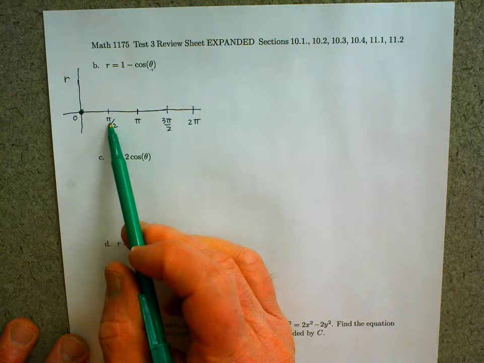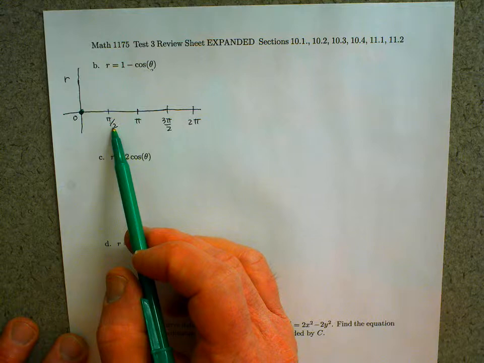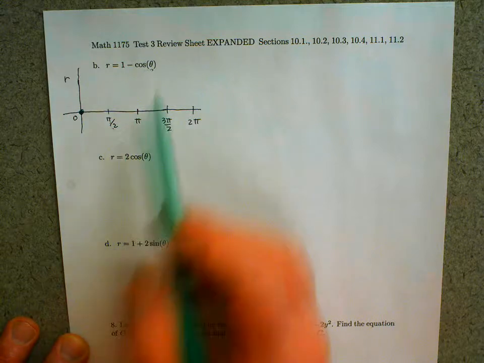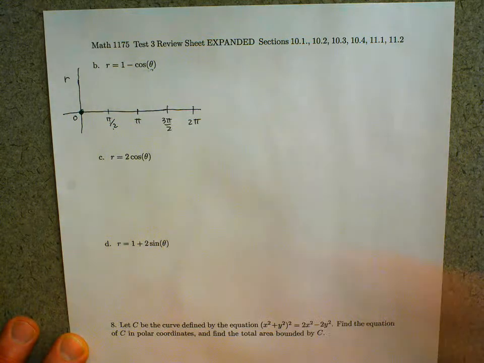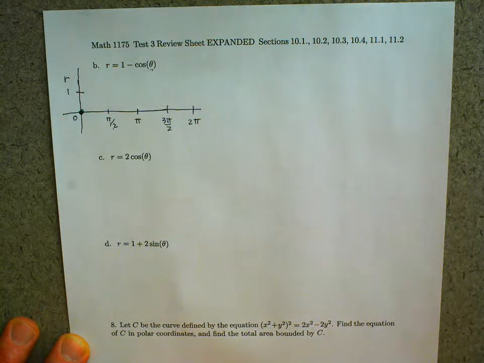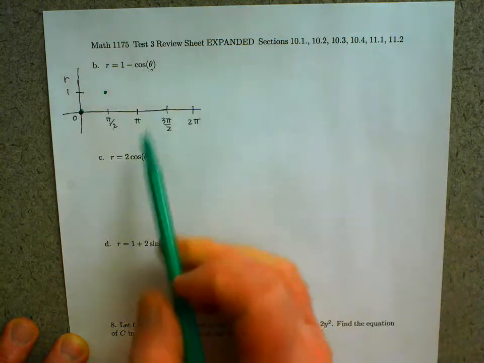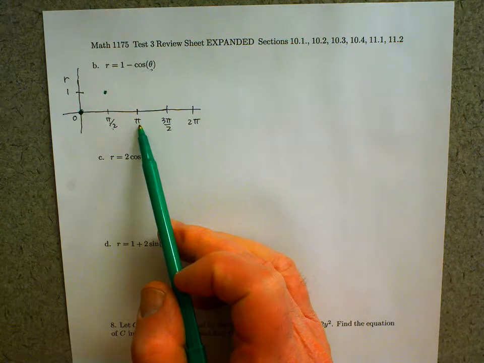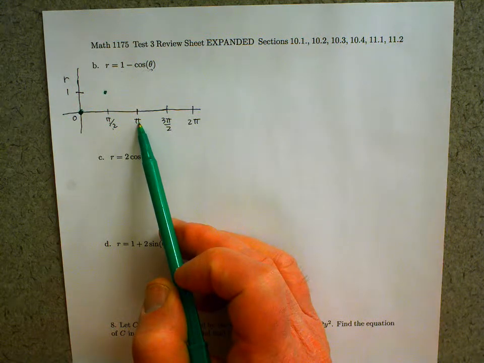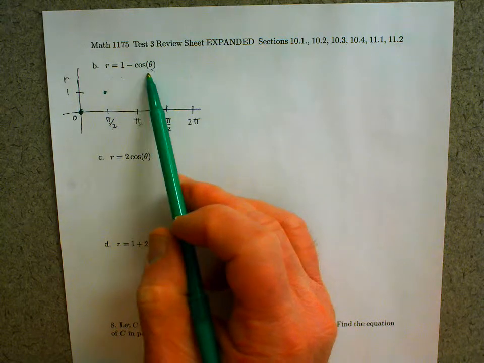At pi over 2, cosine of pi over 2 is 0, so the point is at 1. When theta is pi, cosine of pi is -1, and 1 minus -1 is 2.